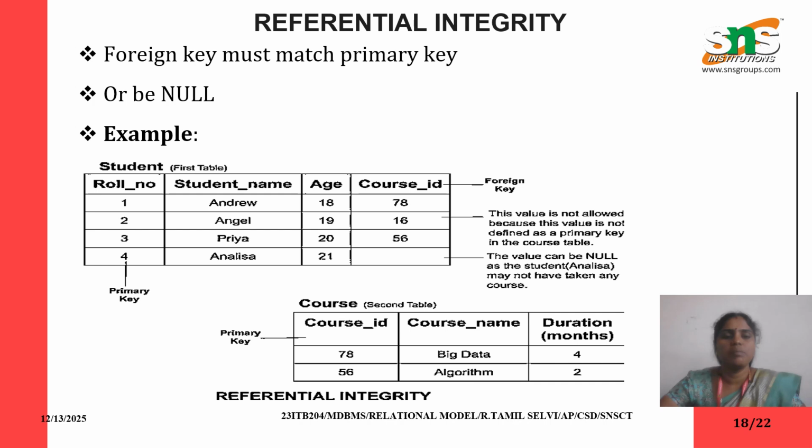In the first table, student, roll number is the primary key and course ID is considered a foreign key. And in the second table, course ID is considered the primary key. So as a whole, the course ID in the student table must be empty, that is null, or match a course that already exists in the course table. So no invalid course is stored. That we call referential integrity.